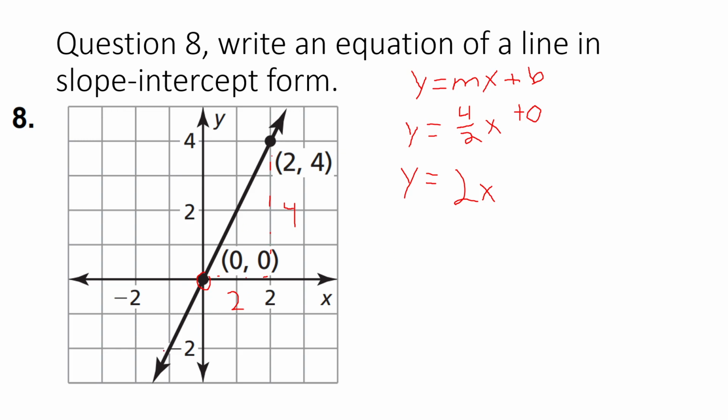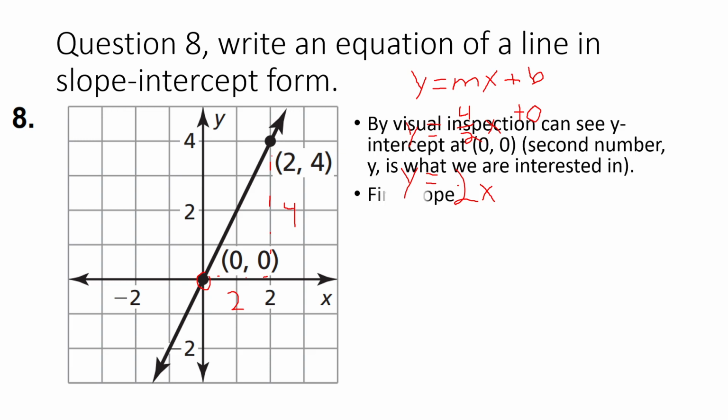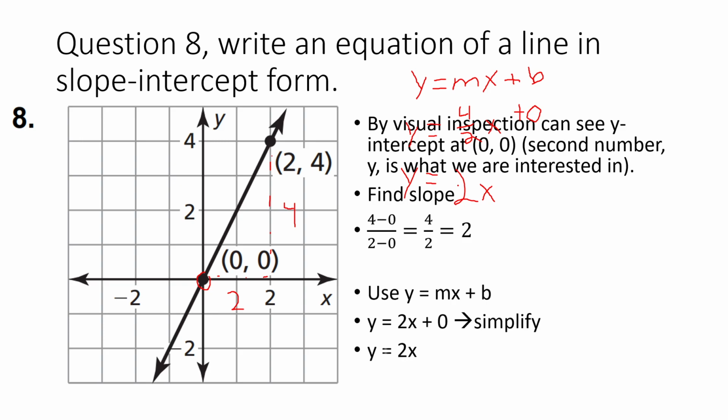And we should see that this line is positive, going from left to right, it's going up, so that should be a positive 2, as we have it written. So the simplified form is y equals 2x. You want to do something similar with the graphs in that area.